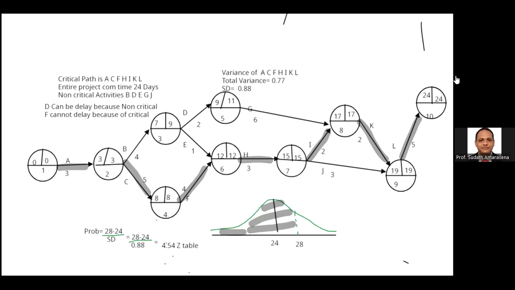Sometimes the question does not mention whether it is PERT or CPM; it depends on the given information. If only one column of activity durations is given, it is CPM. If three time estimates are given, you should know it is PERT.